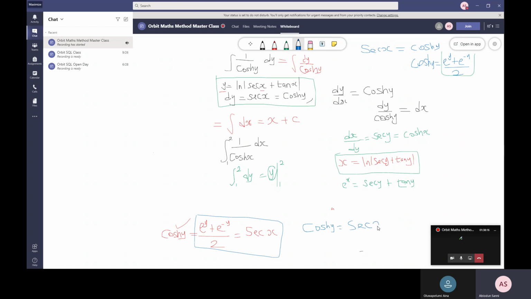So instead of doing it from scratch again, that means here that y. But before I did this, I already changed y to x and x to y. So instead of having cos y equals sec x, in this case I will say cos x is equal to sec y.